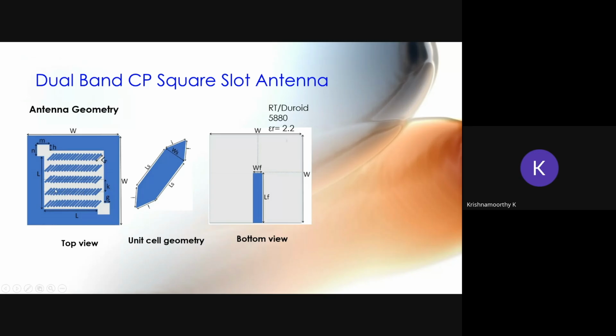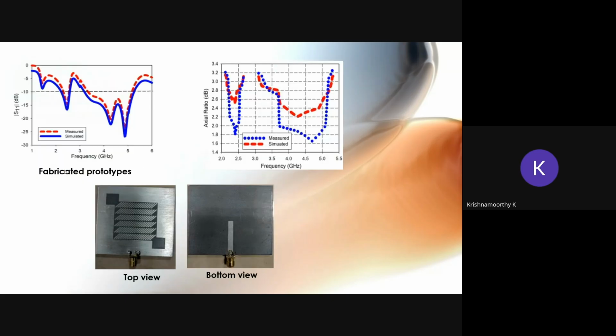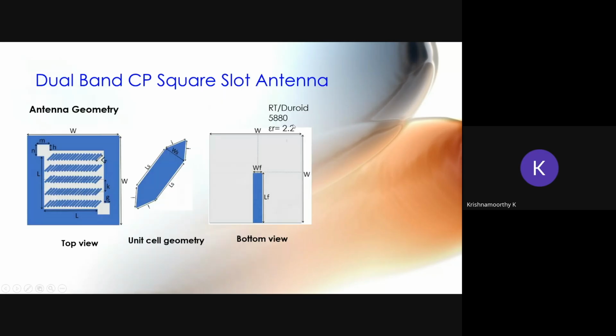These metallic strips are loaded on the corner expanded slot antenna to get the dual band circularly polarized antenna. So this antenna gives this kind of characteristics, the dual band nature. In both the bands we can get the circular polarization. The circular polarization comes from this strip shape as well as the corner expansion.